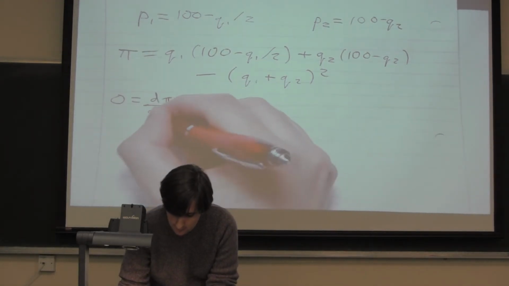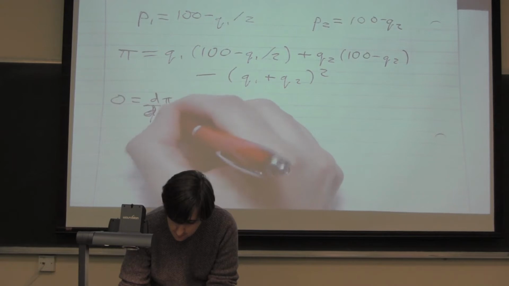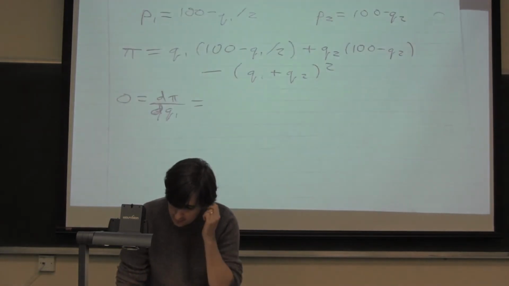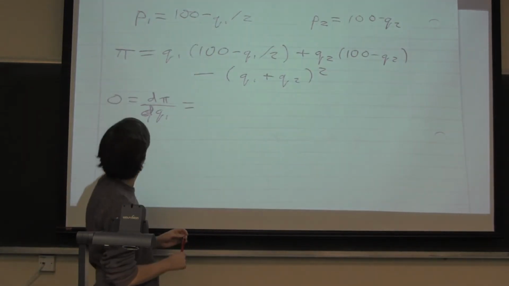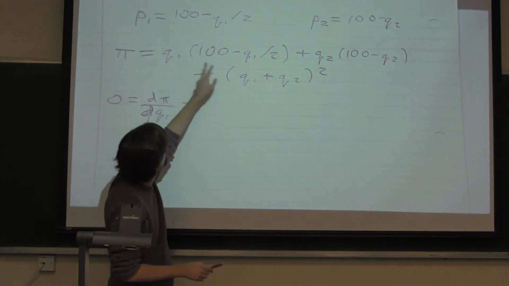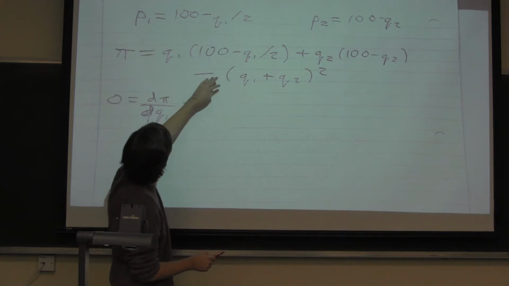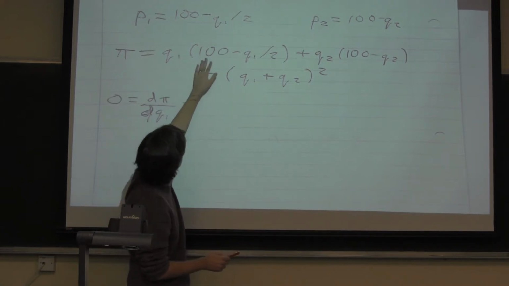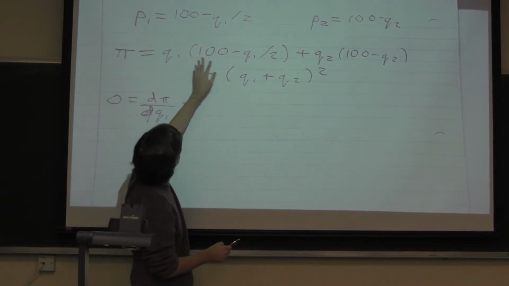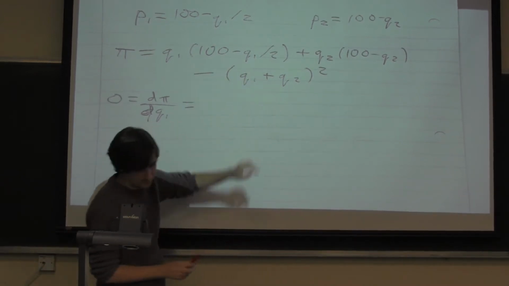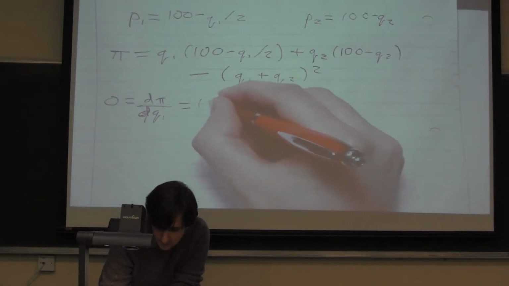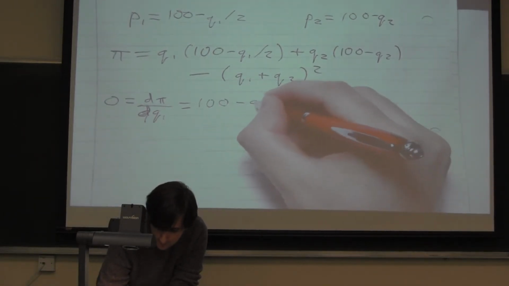Here we go, d by dQ1. This one, let's multiply out the brackets. So this is Q1 times 100 minus Q1 squared over 2. So the derivative of that is going to be 100 minus Q1.